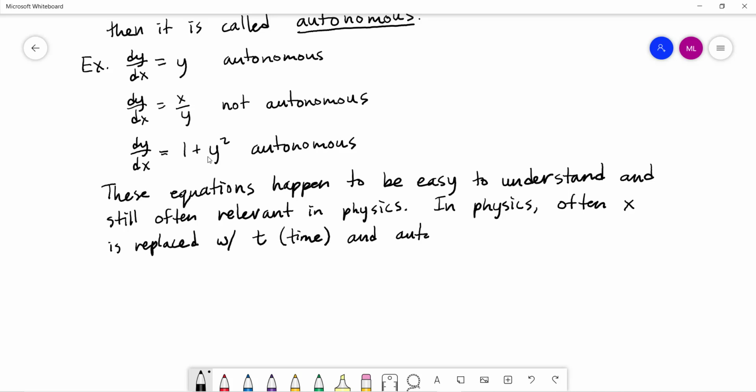So autonomous equations model situations where there's physical laws, population growth, whatever, the Newton's law of cooling, but basically things that do not change in time.